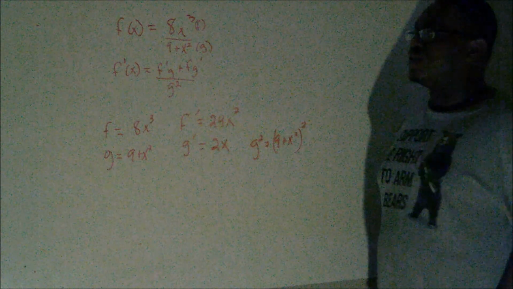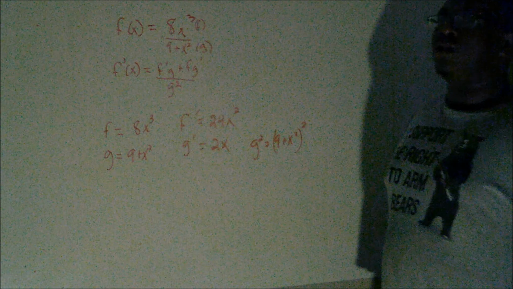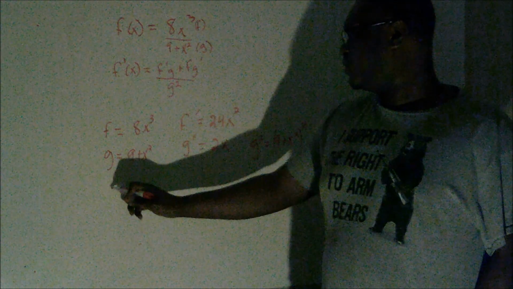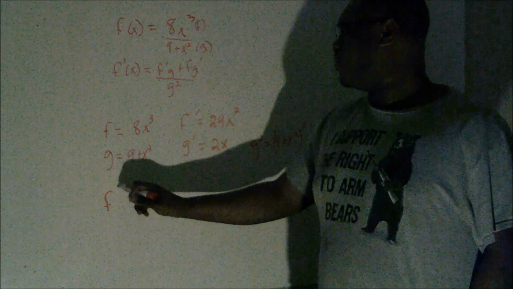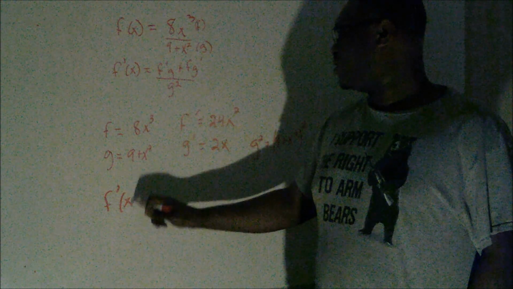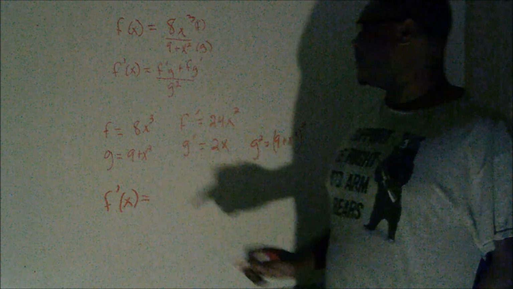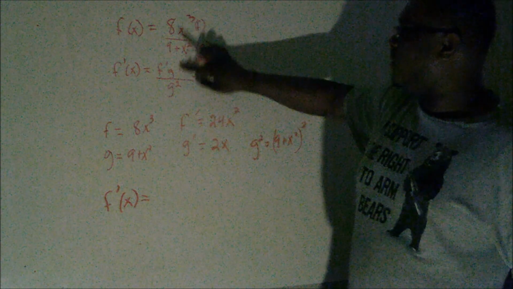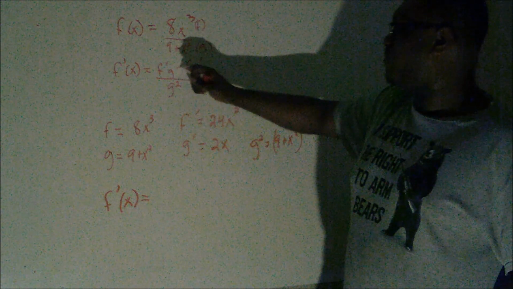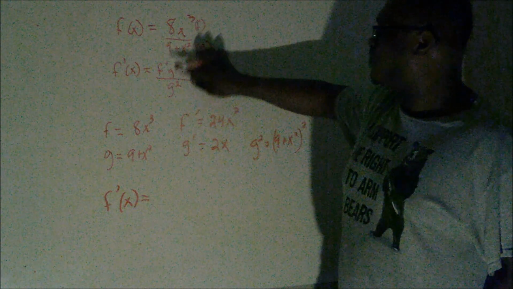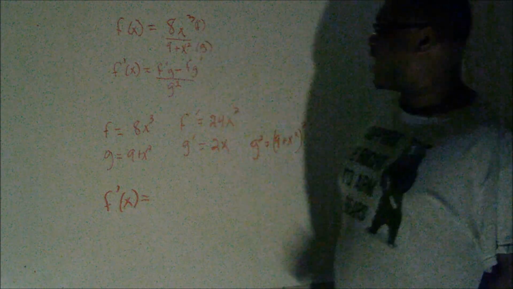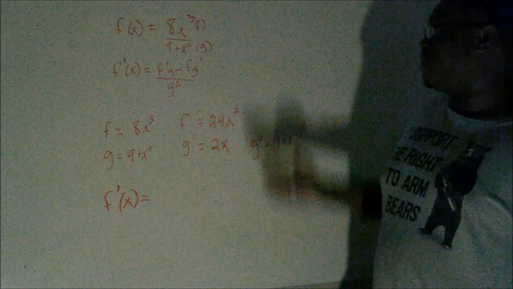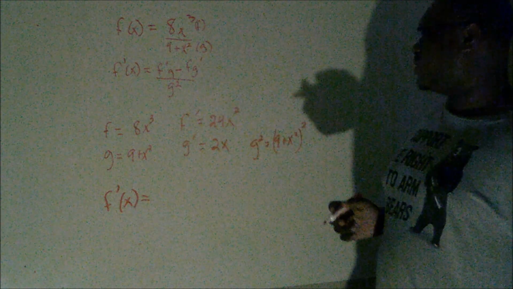Alright, we have all the elements. We just plug it back into our equation. So we know that f prime of x equals f prime g, oops, and I'm sorry, this should not be a plus up here. It should be a subtraction sign for the derivative equation. So we know that f prime of x equals f prime g minus f g prime, all divided by g squared.